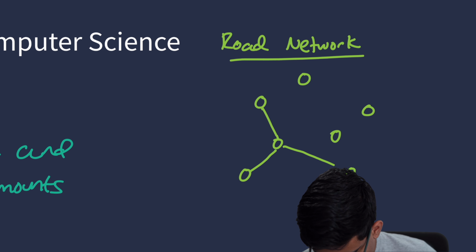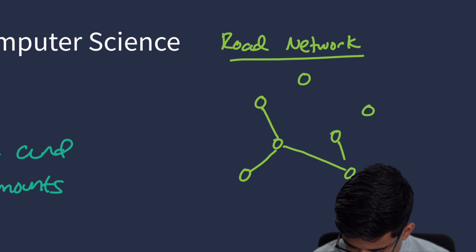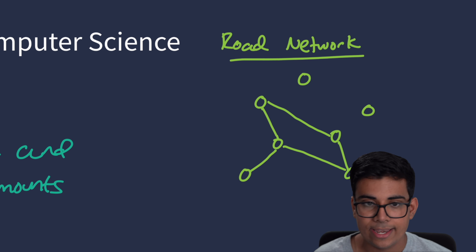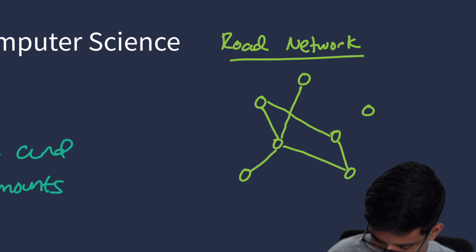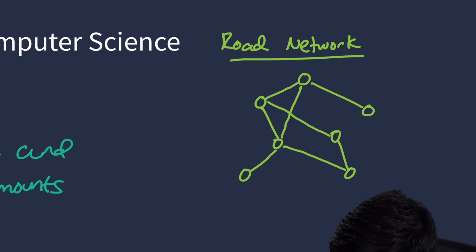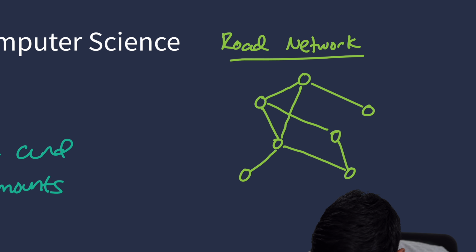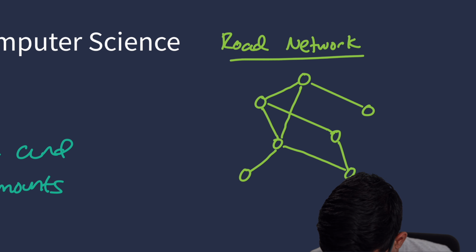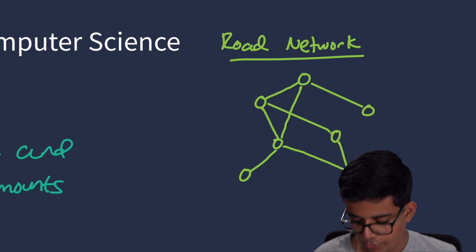Let's say we have another road right over here. And we can just continue to fill in our diagram, right? So let's say we have a road here. We also have a road here. And let's say we have a road over here, right? And some of these are not very straight, so I'll try and make it straighter. Right? So let's say this is a road network.